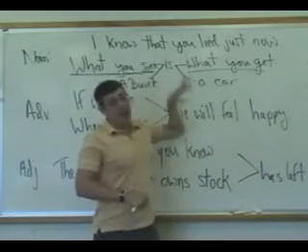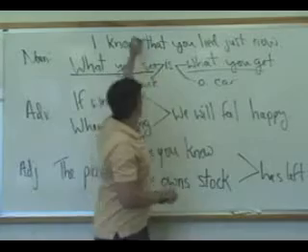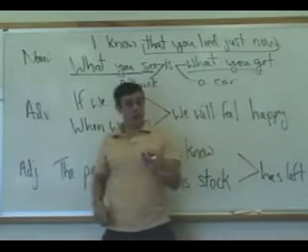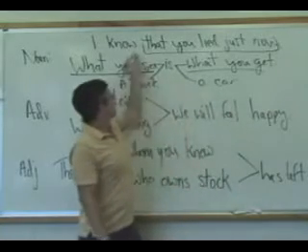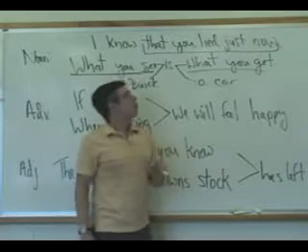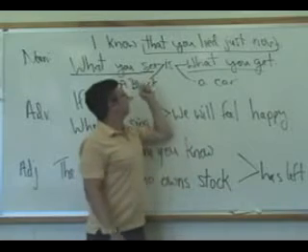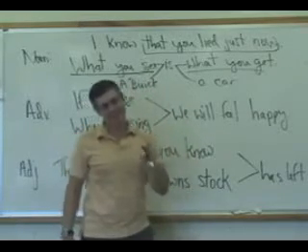Here, secret is the direct object of know. And here the direct object of know is that you lied just now. So this is likewise, just like secret, functioning as a noun. It's a subordinate clause functioning as a noun.